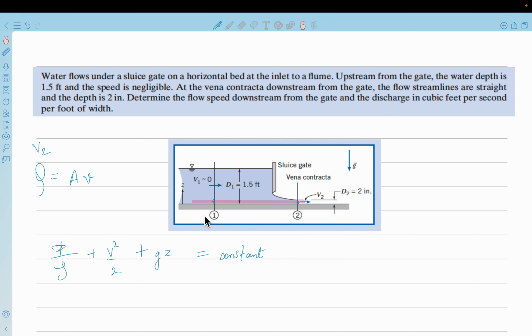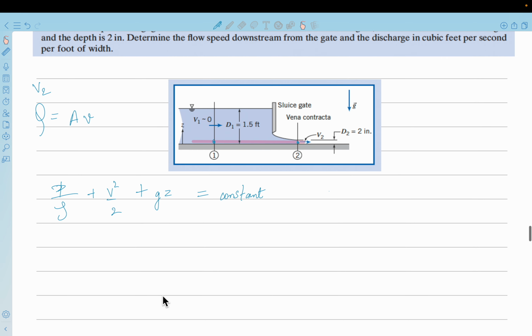Okay, let me ask like this. How do we find the pressure at this location, which I have marked over here? What is P1? Yes, anyone? How do we find P1?